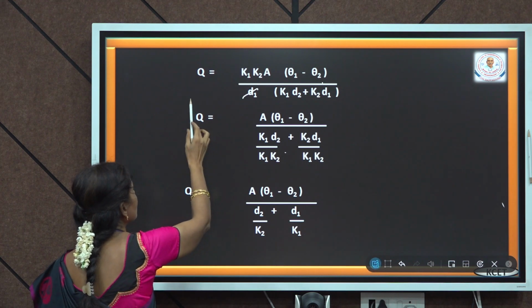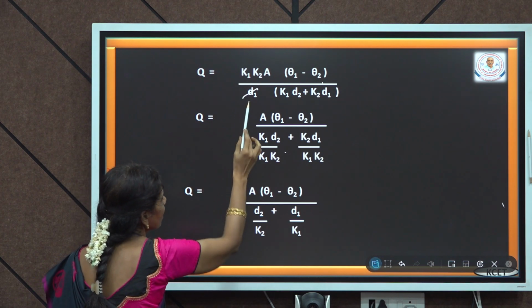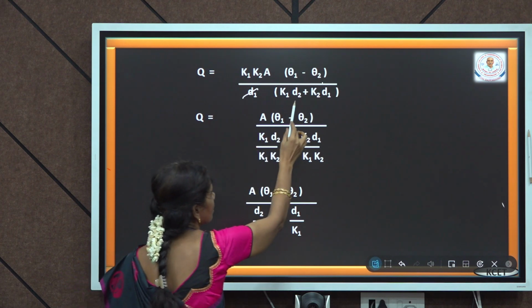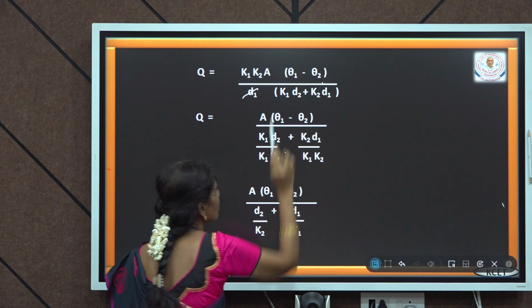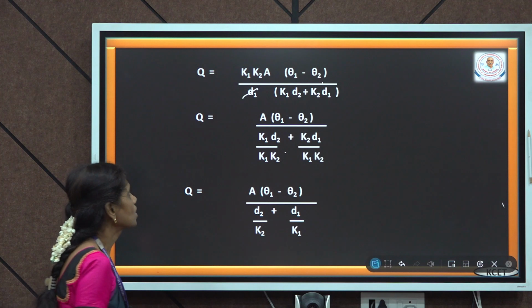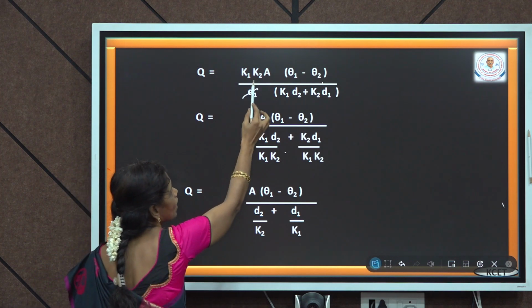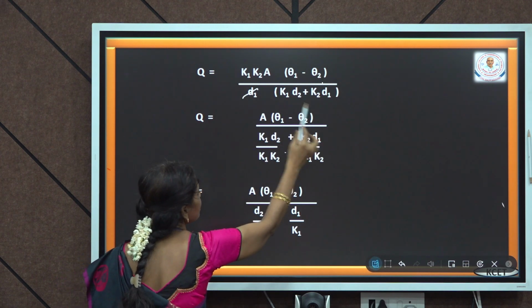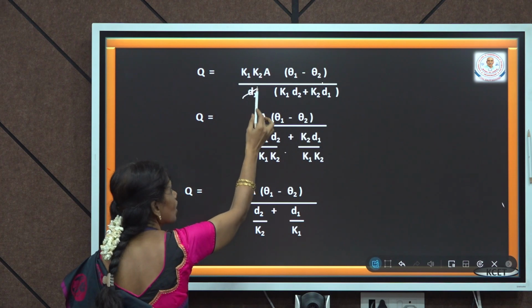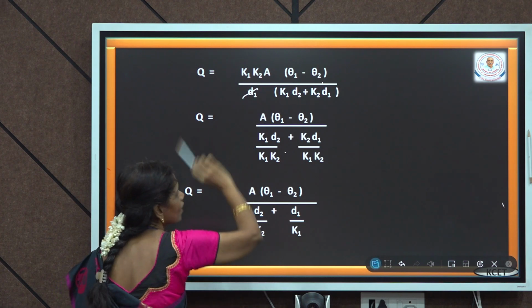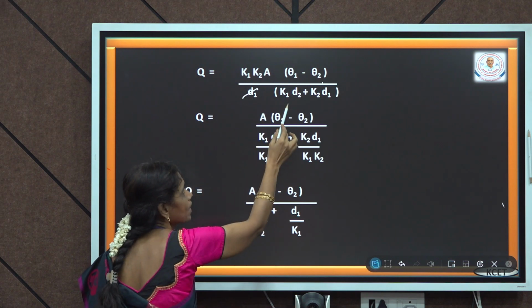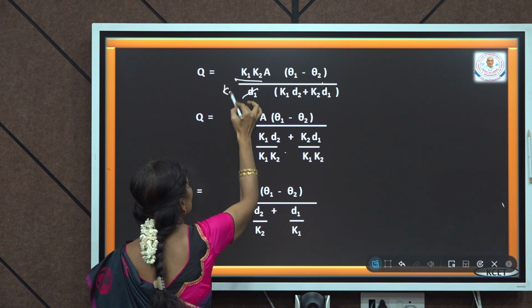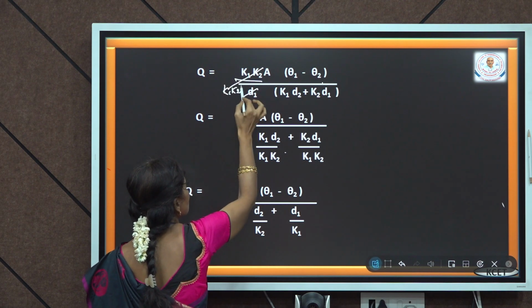The quantity of heat conducted Q is equal to K1 K2 A theta 1 minus theta 2 divided by K1 D2 plus K2 D1. On further simplification, the K1 K2 term has to be simplified from this expression. So, I am dividing both the numerator and the denominator by K1 K2. So, in the numerator it got cancelled.